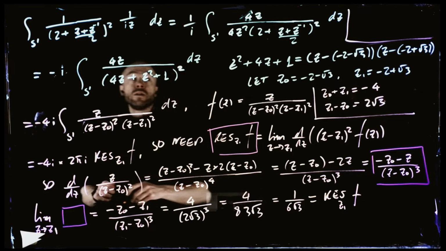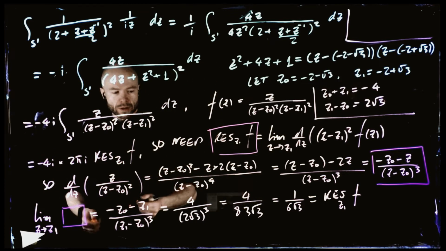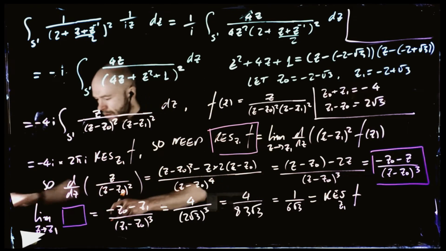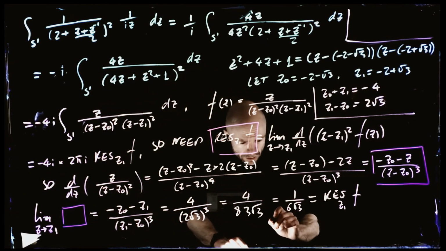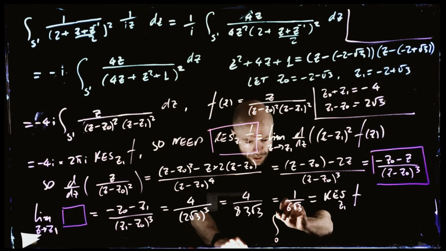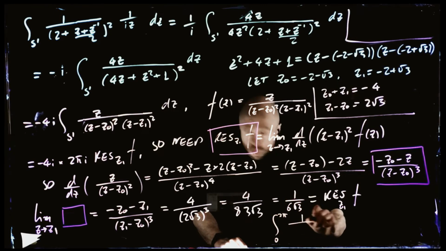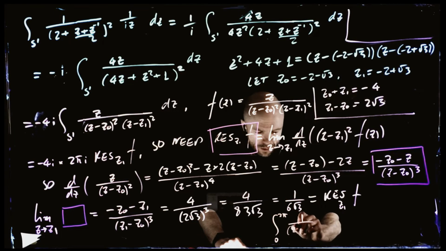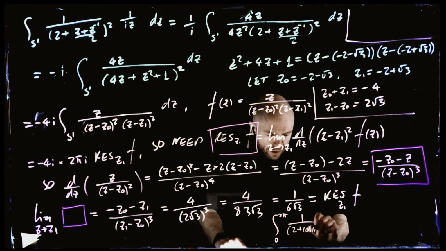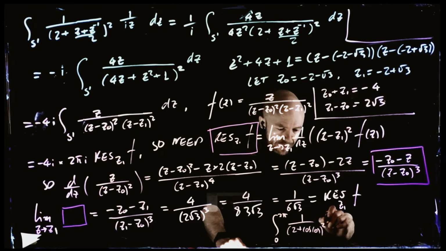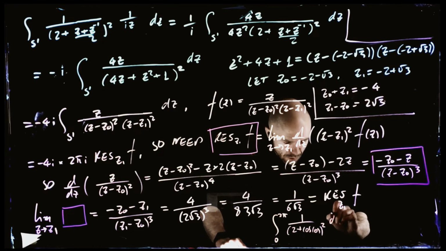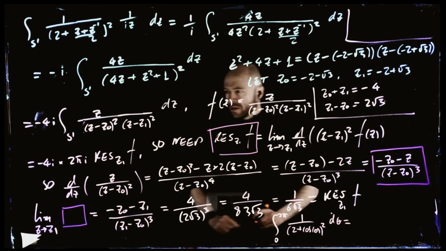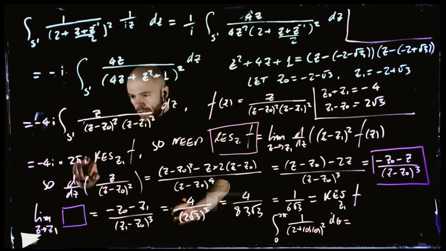So the actual answer to our integral, which is no longer here, maybe I just put it back in. I remember it. So the actual answer to the integral from 0 to 2 pi of 1 over (2 plus cosine theta) squared d theta is equal to, so what's this going to be?